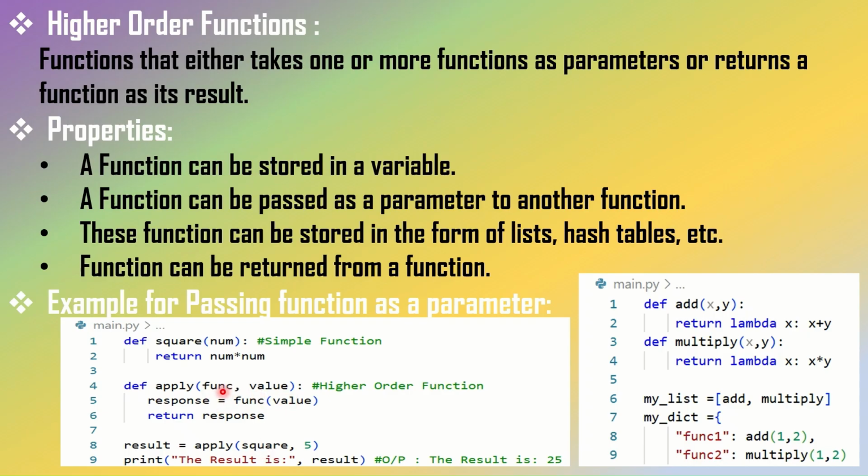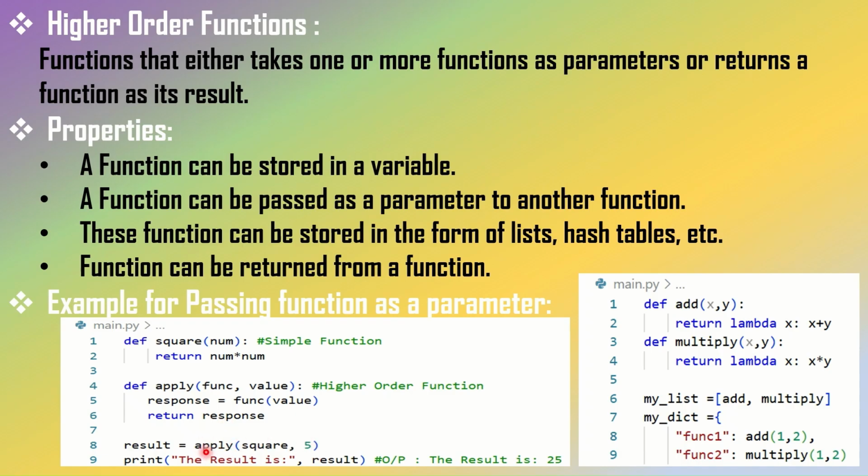One parameter is a function, and another parameter is a value. The square function I was passing as a parameter to this apply function, and the value as 5.